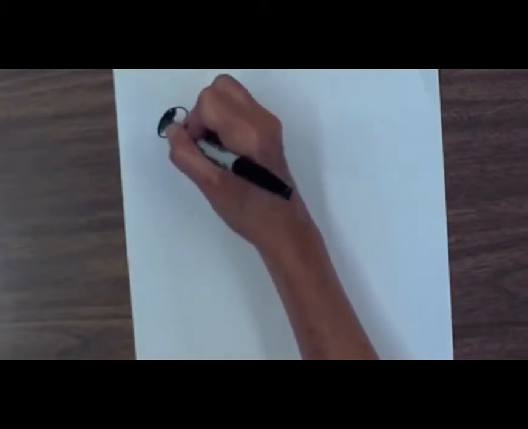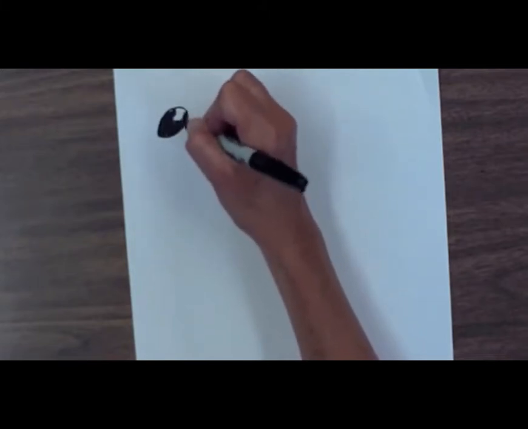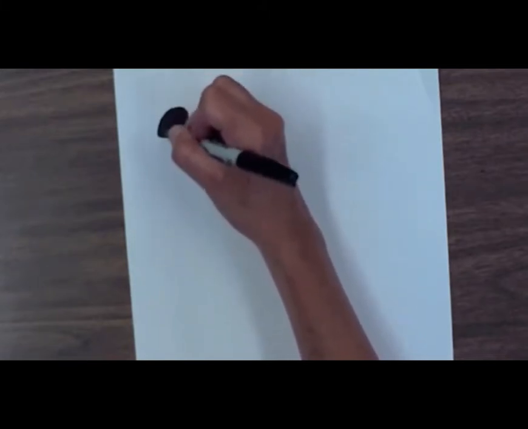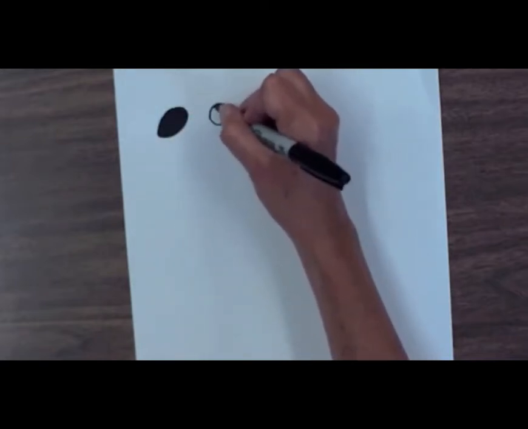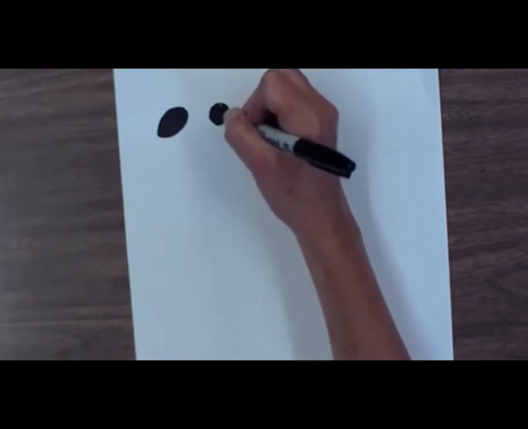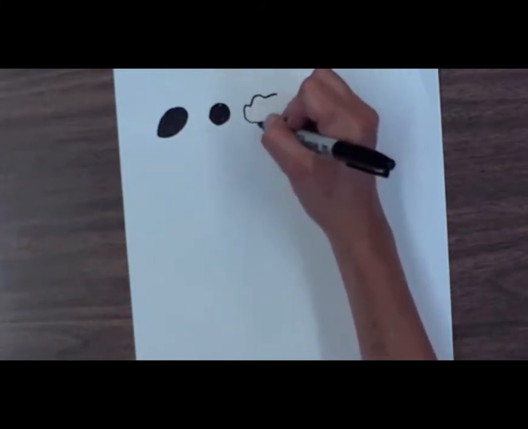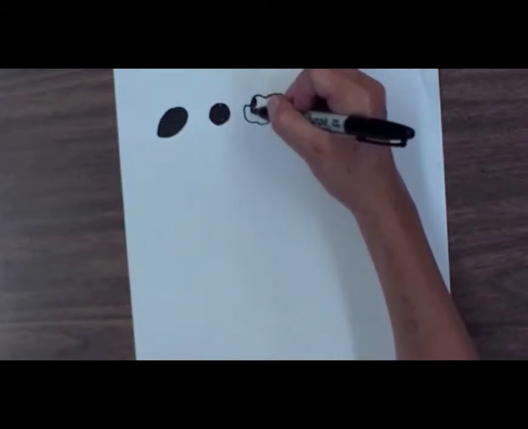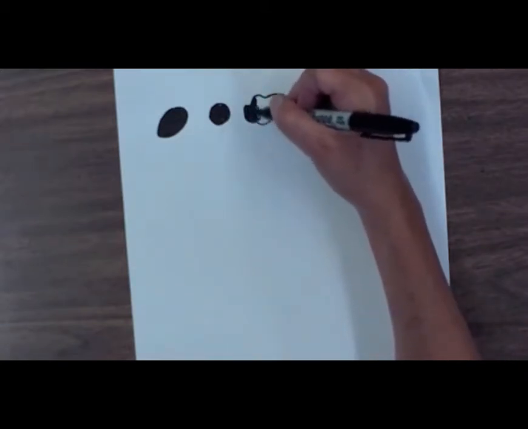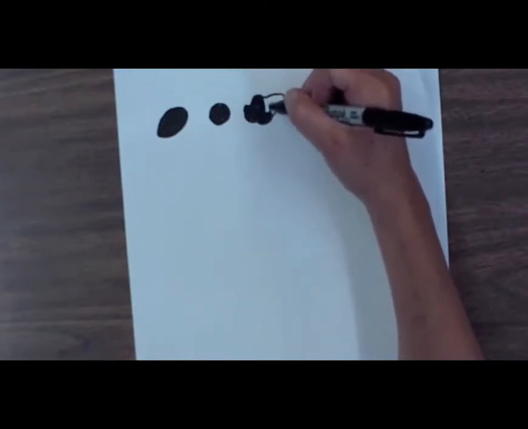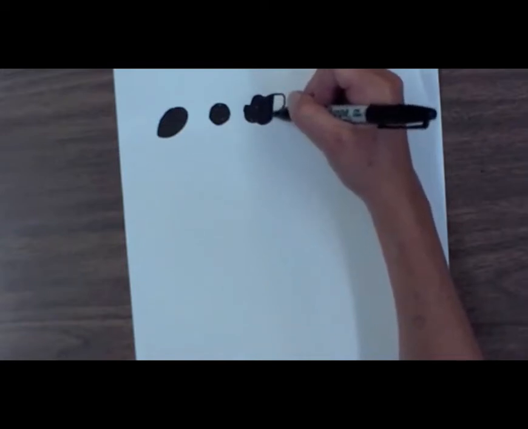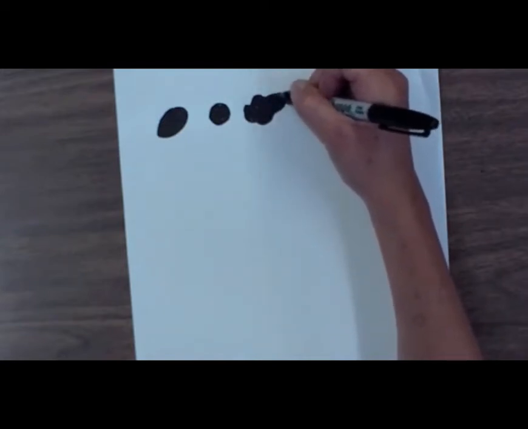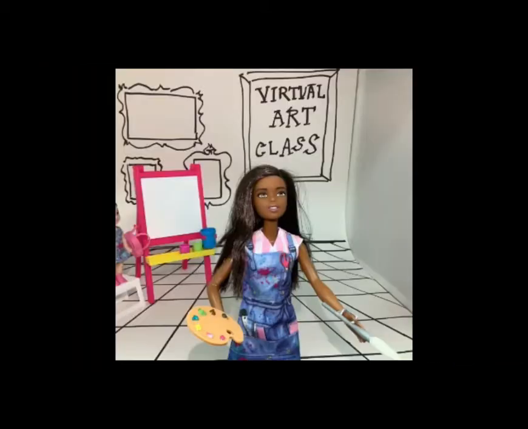If you have your sketchbook with you, you can draw some dots along with me. I hope you were able to do a great job creating your dots.